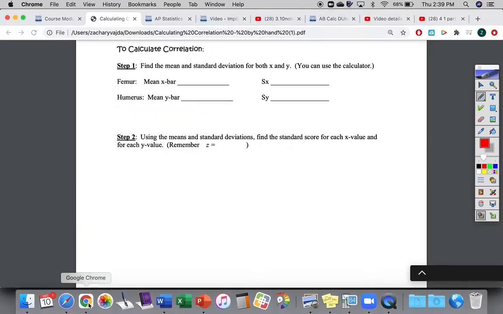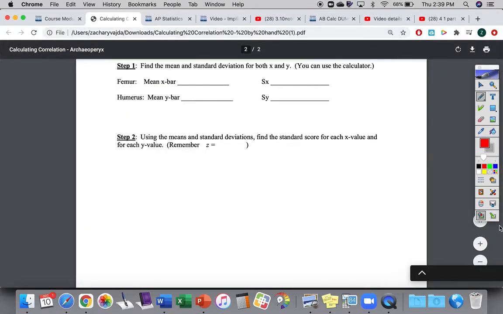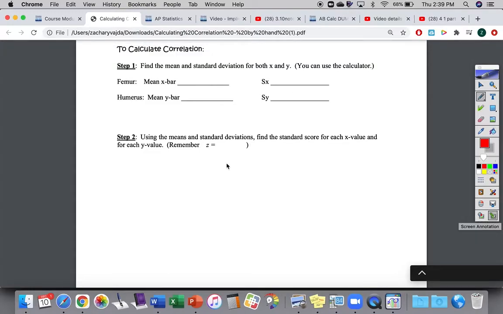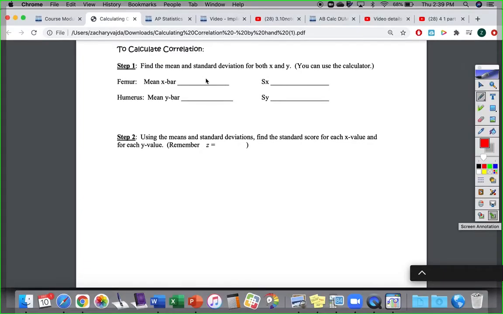We can go back to this, and now it's time to do our correlation. So first, our mean of the x's was 58.2, and the standard deviation was 13.2. Our mean of the y's was 66, and our standard deviation of the y's was 15.9. What does the formula for correlation say to do?